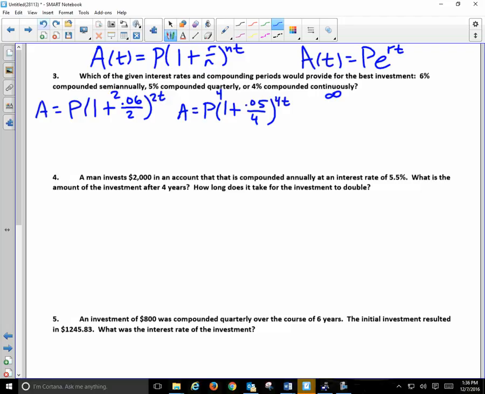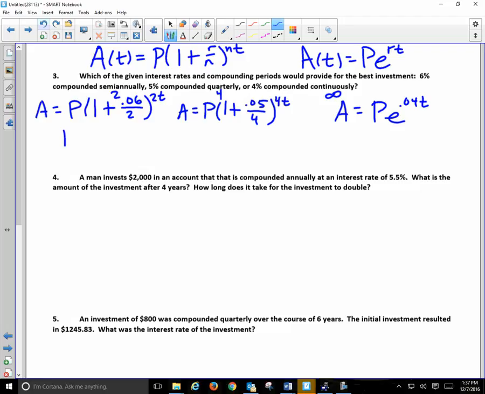And then the last one is the amount is equal to the principal times e raised to the 0.04 t power. Now, what do all three of these equations have in common? They have p and they have t. So maybe we could write it so that you see just a number along with p and t. Maybe that would help us identify which is the best investment.